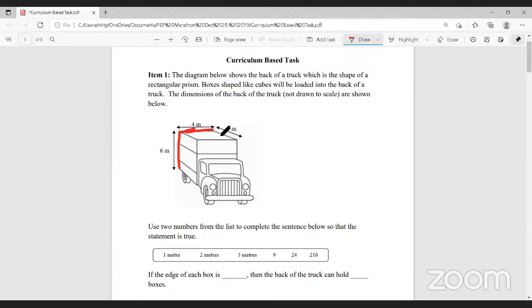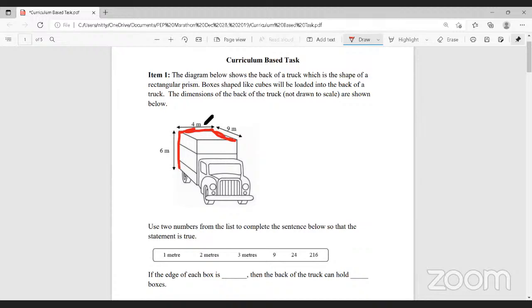The breadth, we can call them width, whatever you want to call them, but we've got three dimensions. Of course, my lines aren't straight, but I hope you get the gist. And the arrows are there showing us the dimensions. So we are finding the volume of the back of the truck.